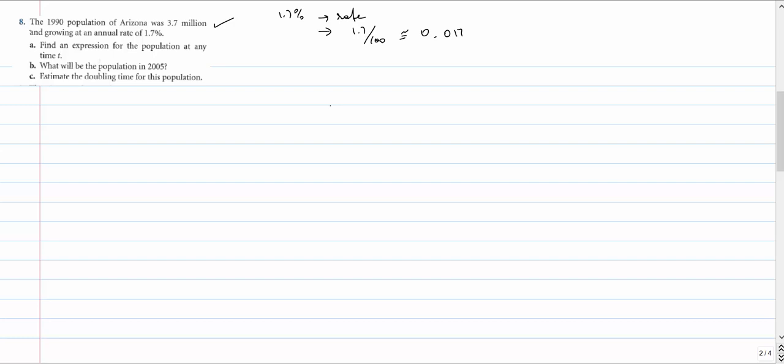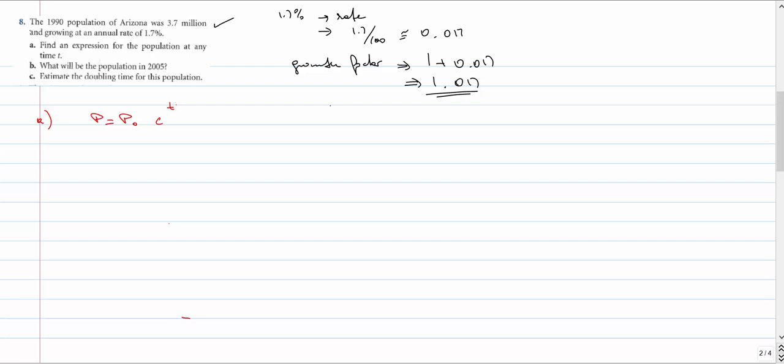Then to find the growth factor, I'm going to add 1, so then I end up at 1.017 as my growth factor. So now P is equal to P sub 0, the original population, times my growth factor to the power t.